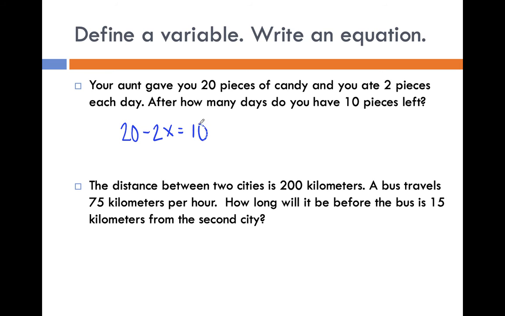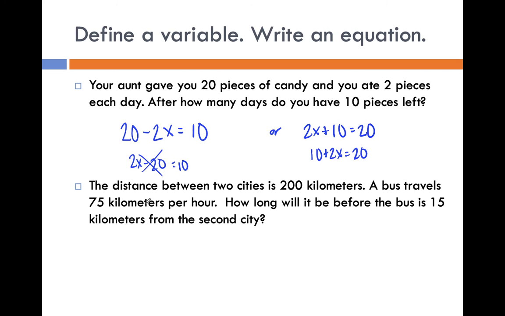After how many days will you have 10 left? So that's one option. You could also do 2x plus 10 equals 20, or you could do 10 plus 2x. That doesn't matter what order it goes in because it's addition. Subtraction does matter though. So like you could not do 2x minus 20. So it has to be 20 minus 2x equals 10.